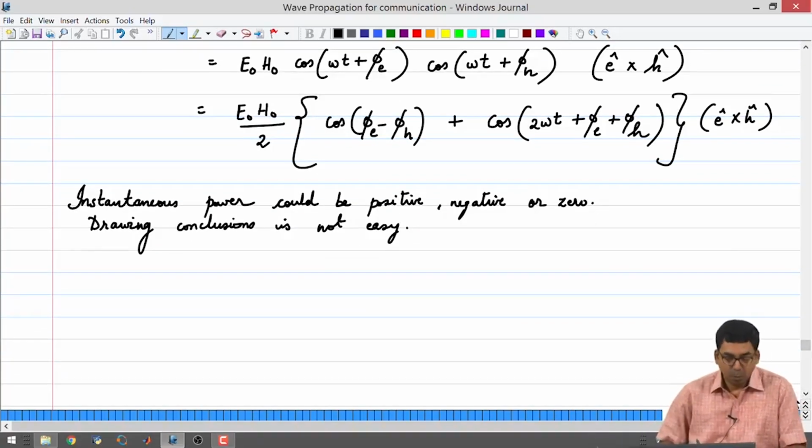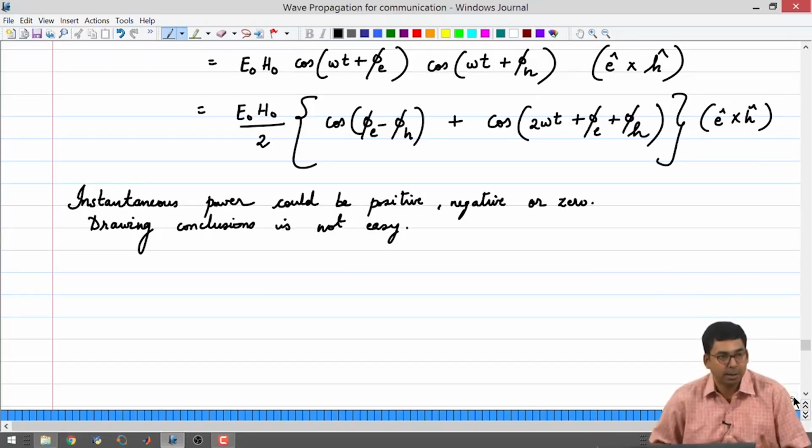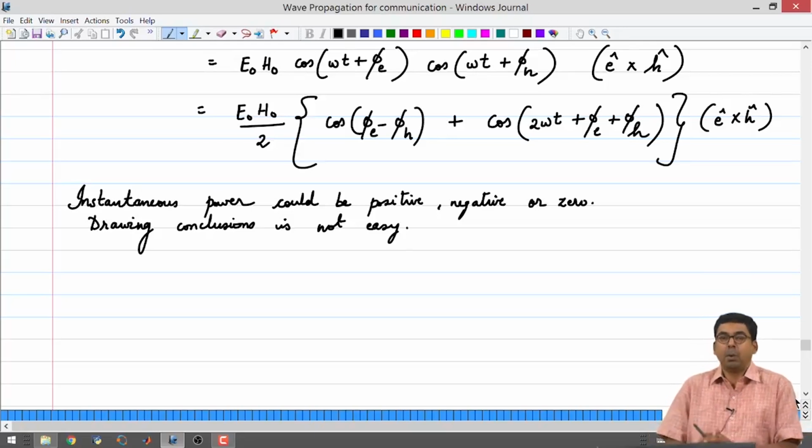Then what other option do we have? Now, one of the things that we look at is the right hand side is depending upon time. At some instant of time you are having positive power, at some other instant of time you could have negative power, at another instant of time you could have 0 power, etc. Which means that we need to look at a quantity that is not dependent on time to make some meaningful analysis. And that quantity is known as average power density, which is similar to your electric circuits.